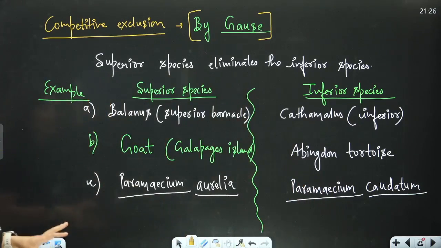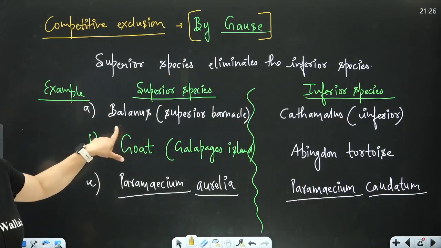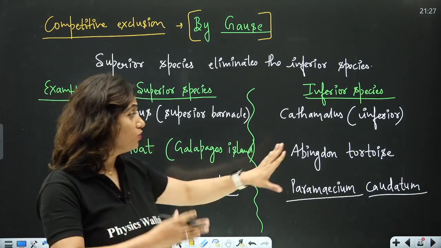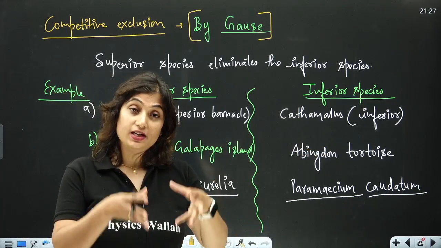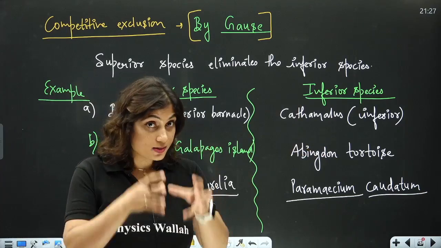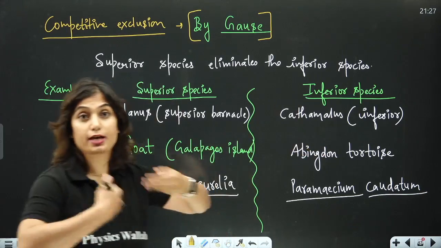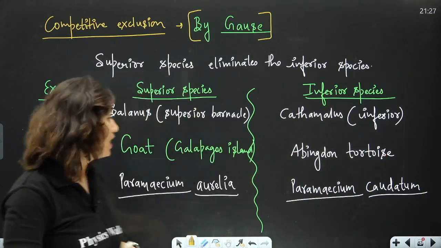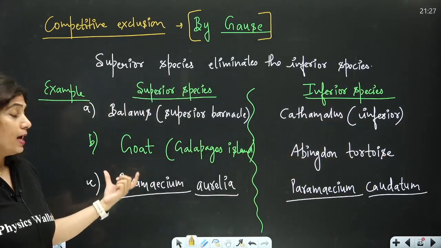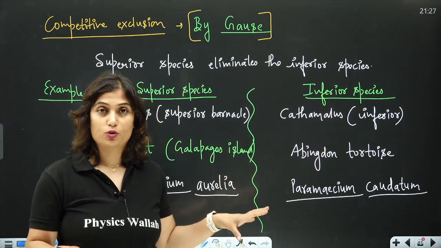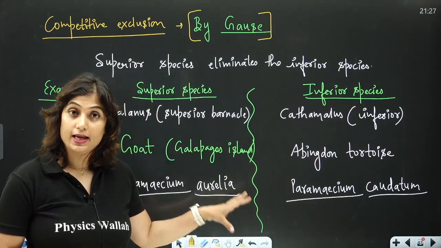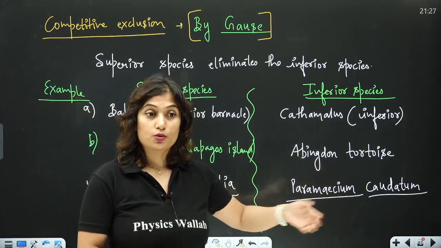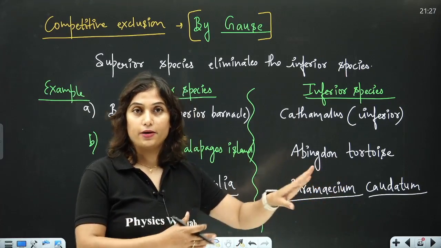So this is the competition exclusion principle, and the important examples are Balanus. Balanus is a type of arthropod, a superior barnacle. It removes Chthamalus if they are present in the same area. Then goat: in the Galapagos Island, you know what the Galapagos Island is, when goats were introduced, the Abingdon tortoise were eliminated from there.